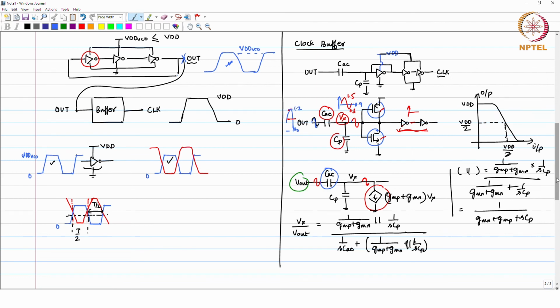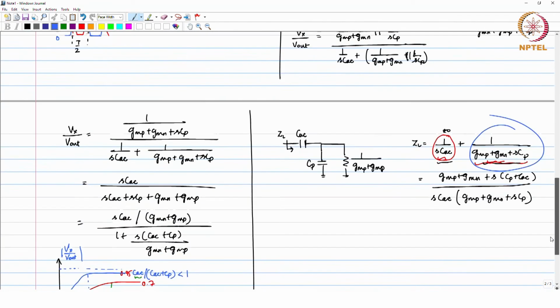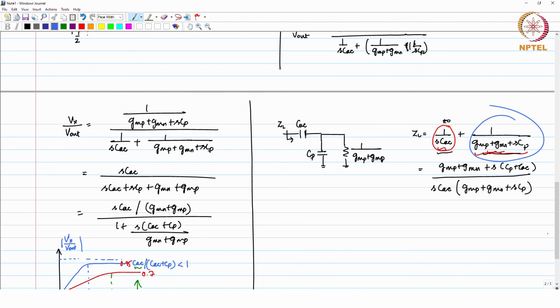If you load your output node of the oscillator by any impedance, this is GM plus CP, depending on which among GMP plus GMN and CP dominates, overall you are having this impedance. It is going to load your oscillator, and if it loads your oscillator, it is going to alter the output frequency. Any loading like RC loading is going to reduce your frequency of oscillation.